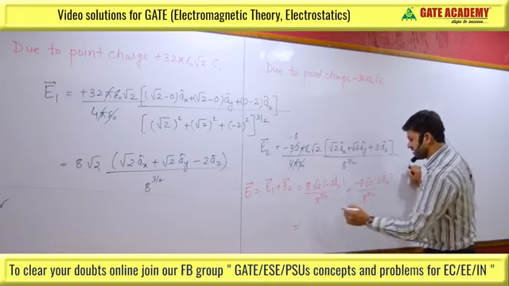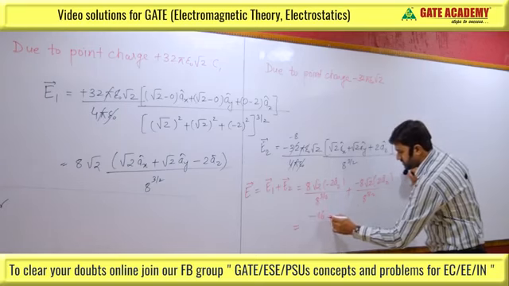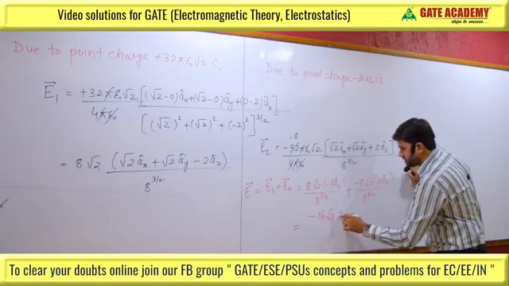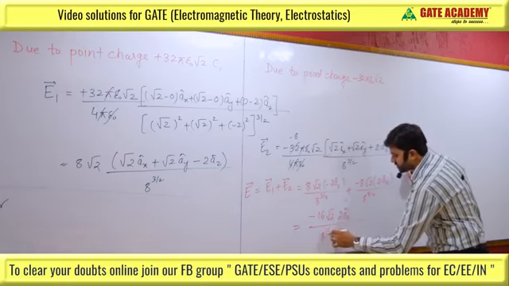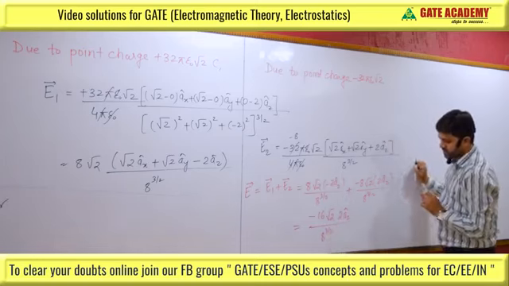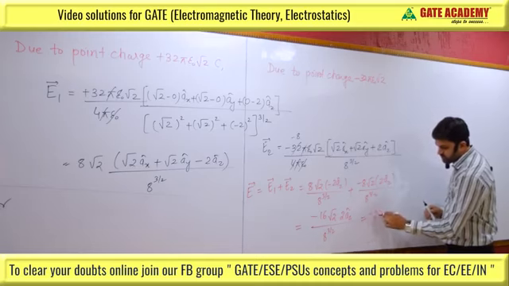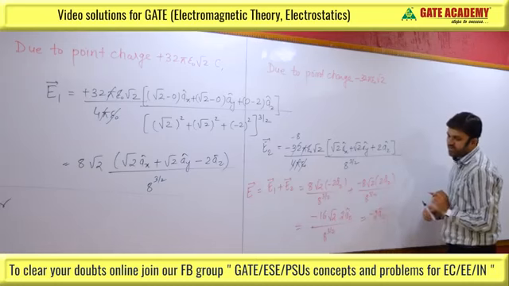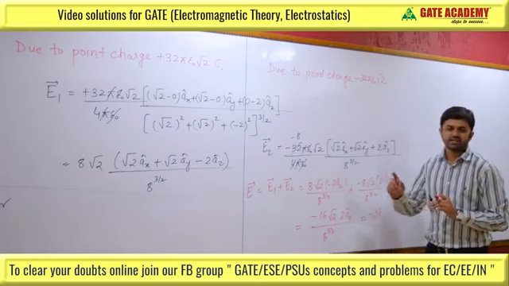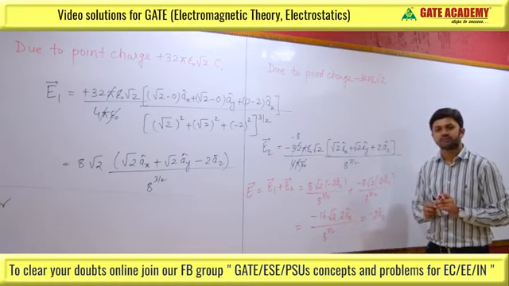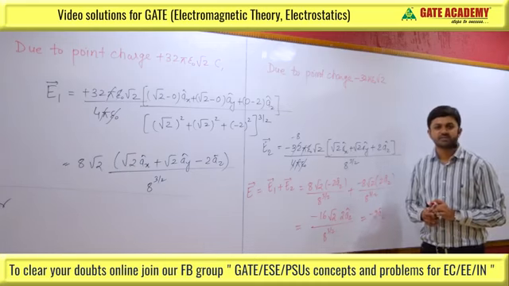So if we add this, we will get minus 16 root 2 2az upon 8 to the power 3 by 2. On solving this equation, we will get minus 2 az cap, and the total electric field at point root 2, 0 because of the charge placed above the perfect conducting plane is minus 2 az cap. Hence the correct option is option B.